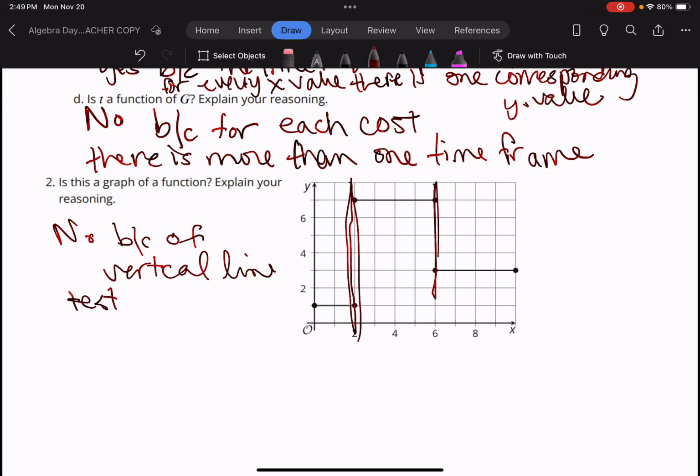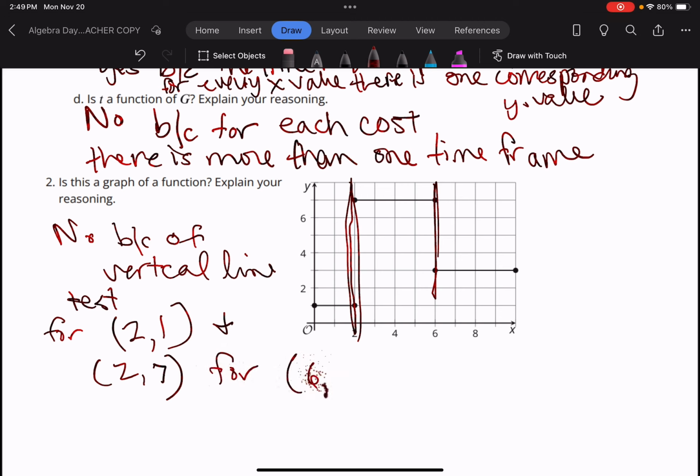And also for the x value of 2, there is a y value of both 1 and 2 comma, it looks like 7. And for the x value of 6, we have 6 comma 3 and 6 comma 7. That is not a function.